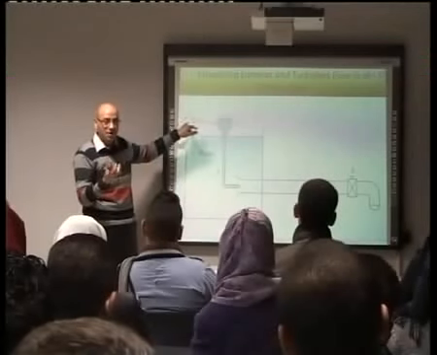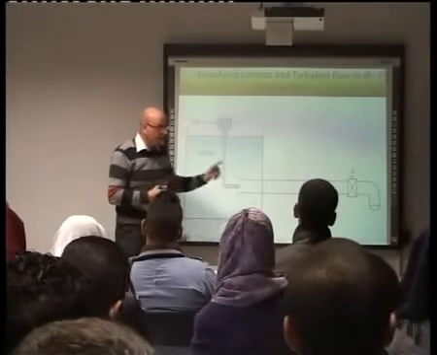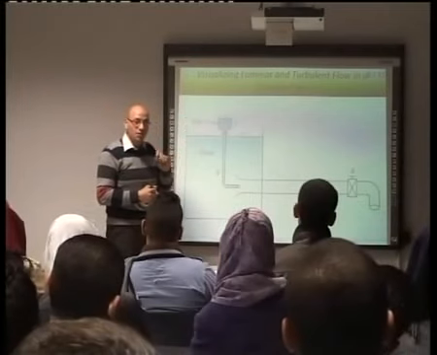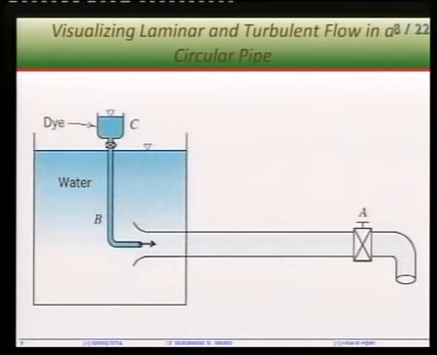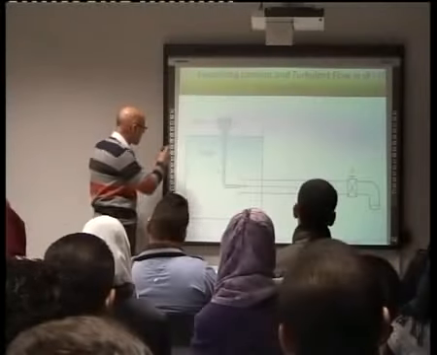Like a coloring. If you add a dye at this location, if the flow rate is very small, what do you expect for the dye that will leave out? It will be like a line. Like that. But if you increase the flow rate, then what will happen? Mixing, and we will get randomness.